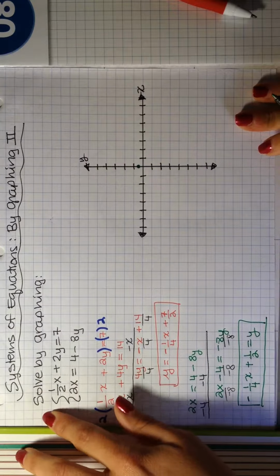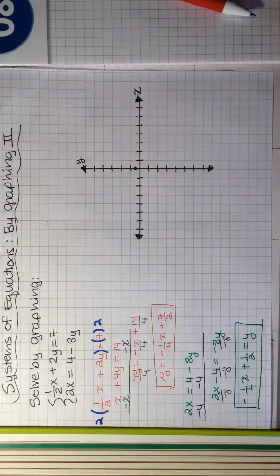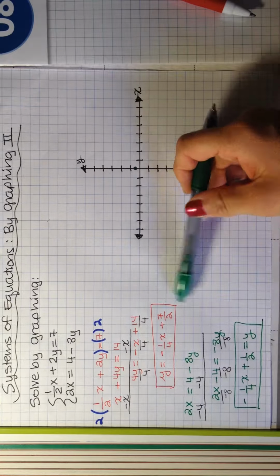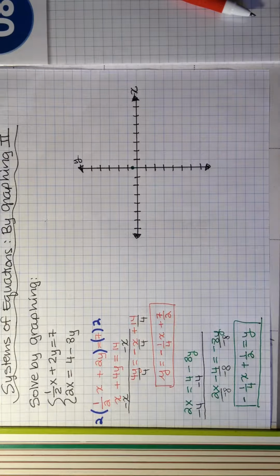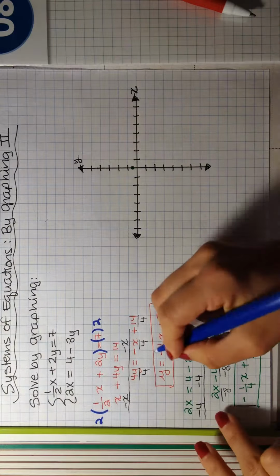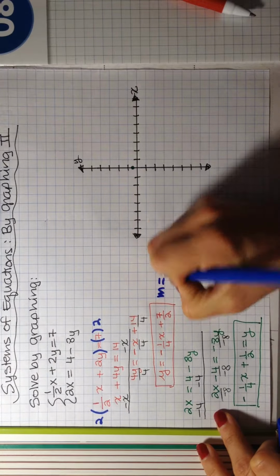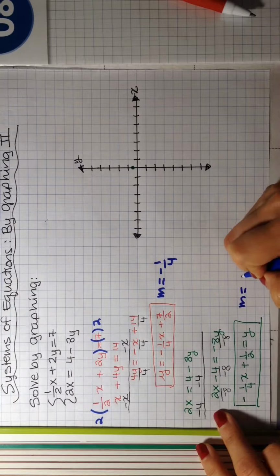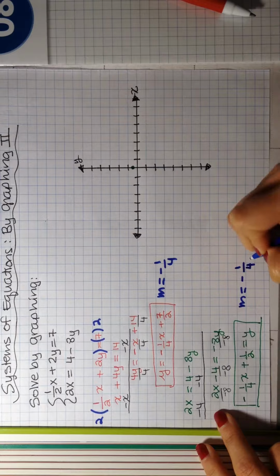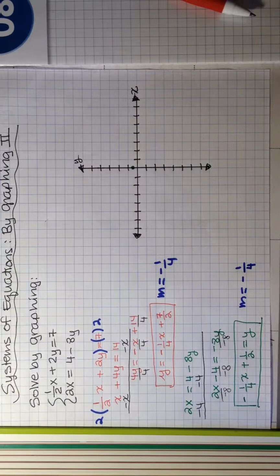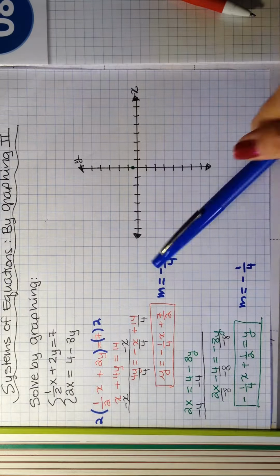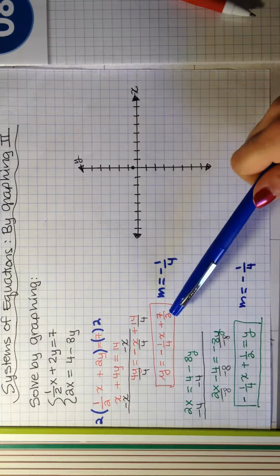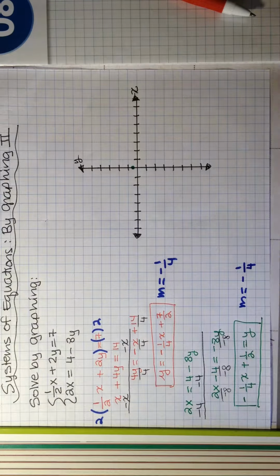So one important thing to notice, if I compare the first equation and the second equation, is take a look at the slope. Slope here is negative 1/4. Slope for the second equation, negative 1/4 as well. So see how they have the same slope? They have different y-intercepts.